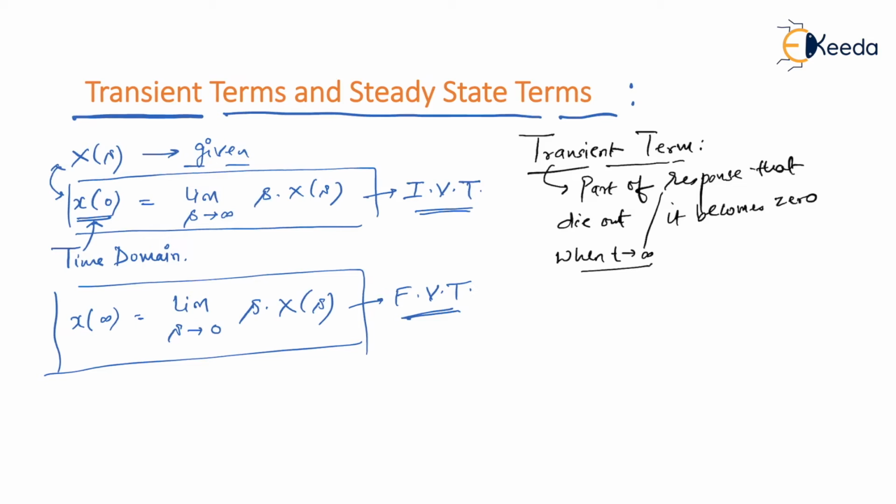So this is known as a transient term. And of course, what is meant by a steady state term? Something that doesn't become zero when t tends to infinity, or that retains even when t tends to infinity, is known as a steady state term. So just opposite to the transient term, we would define a steady state term.